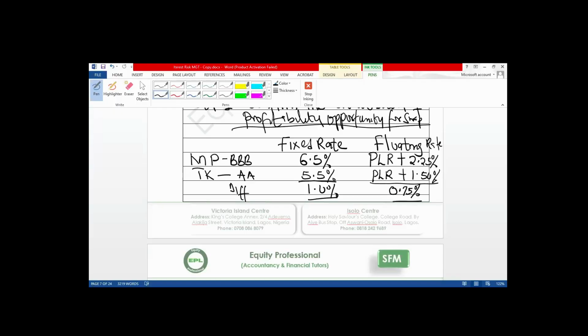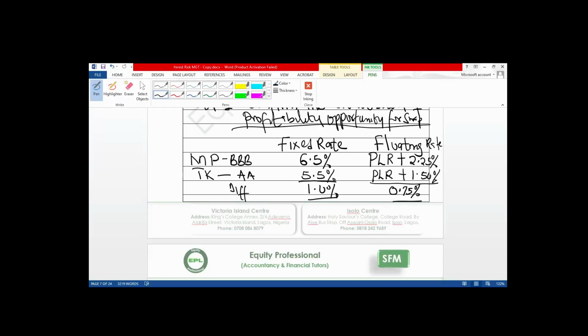You now ask yourself, who is better off borrowing at a fixed rate? I tried to ask this question severally. No response. Or maybe the network is not allowing you to respond. Who has comparative advantage borrowing at a fixed rate, where you have the higher difference?